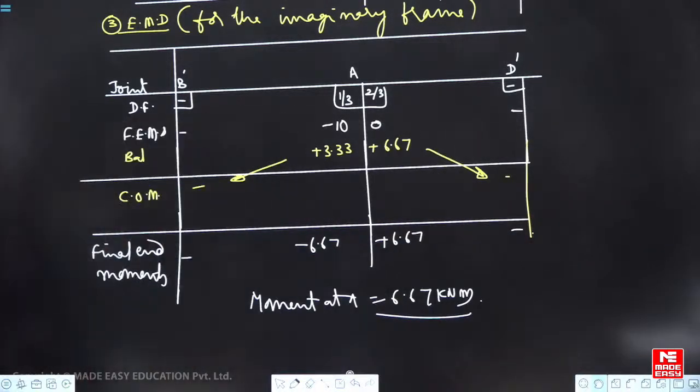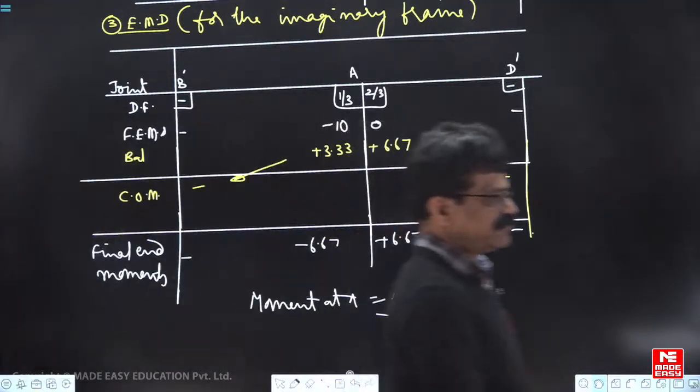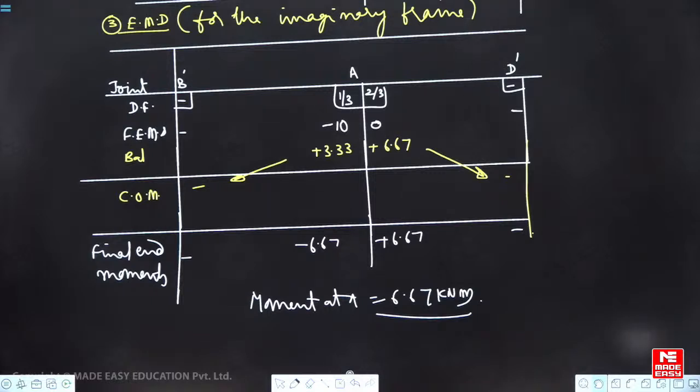So 6.67 is the answer. Okay. Now let us see the next one.